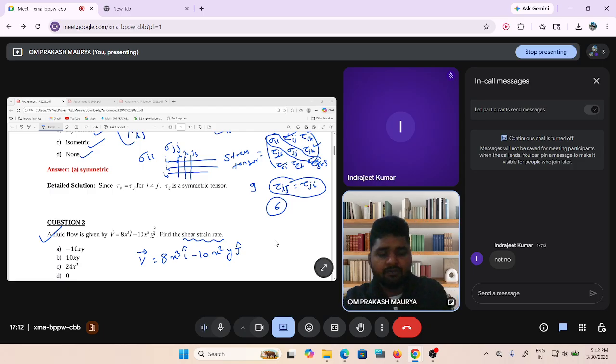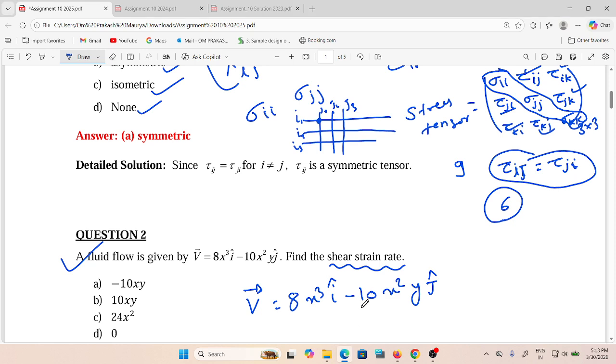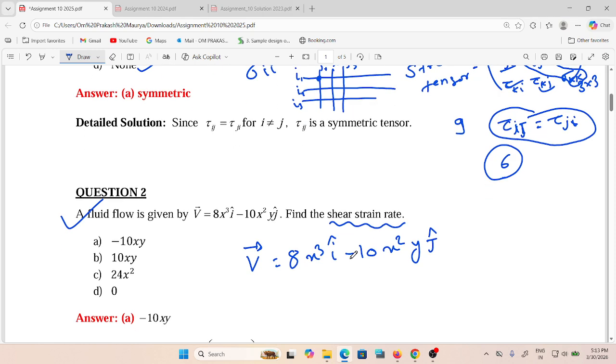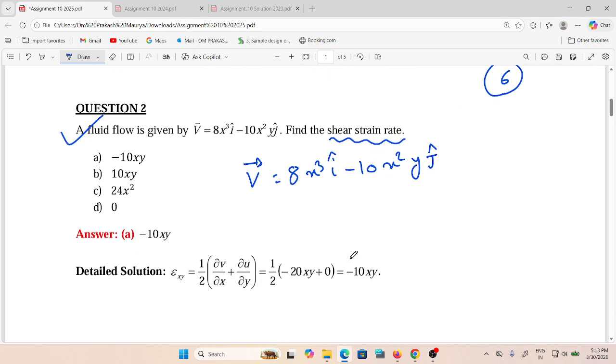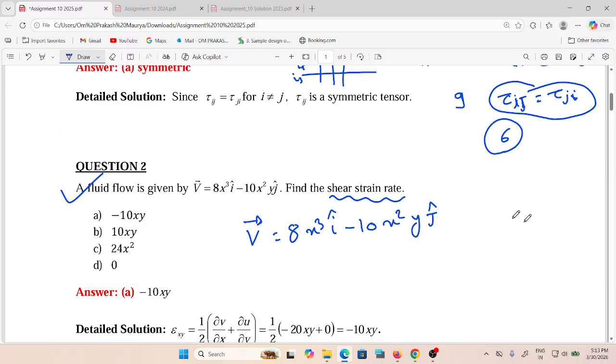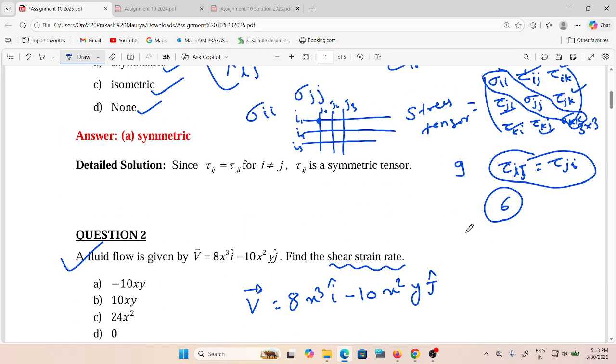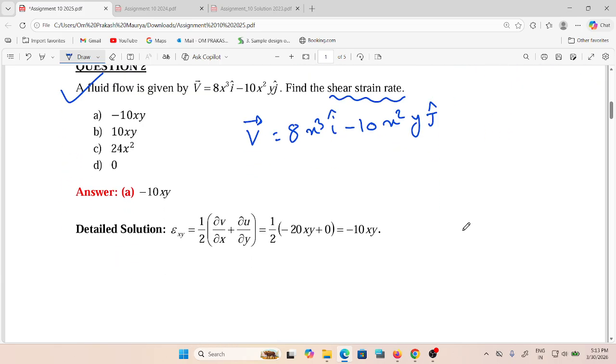Okay, you do not know. Okay, let me just explain you. So here shear strain rate is nothing but, here you can see very clearly. So let me just show you the stress tensor. Similarly, you can write the strain tensor also.